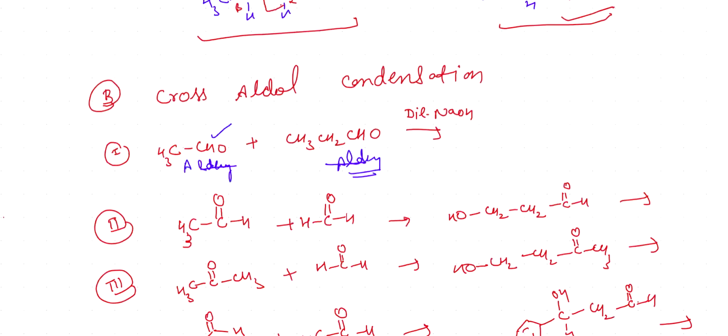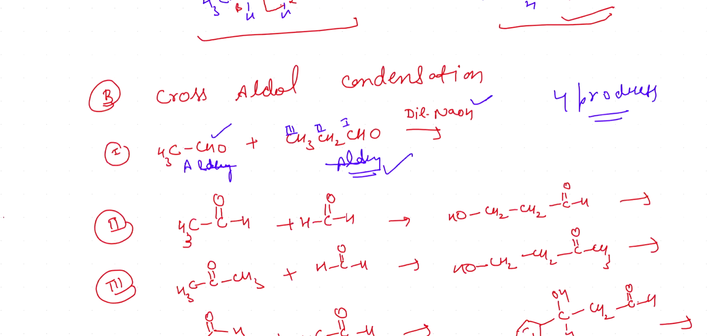This is acetaldehyde. This is your propanal, 1, 2, 3, in the presence of dilute NaOH. So in this case, there is formation of four products. Why in this case is there formation of four products? Because there are four possibilities.